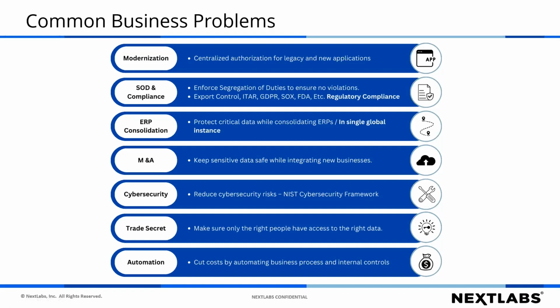Cybersecurity. So again, this ties into what we talked about today. So allowing organizations to implement policies as part of the community profiles or other parts of just implementing the NIST Cybersecurity Framework. Trade secrets, so restricting access to private intellectual property and other controlled data.